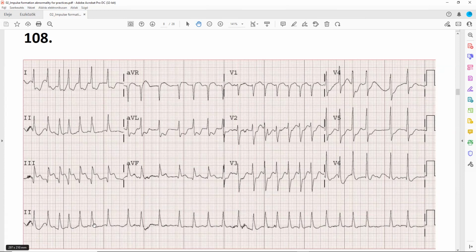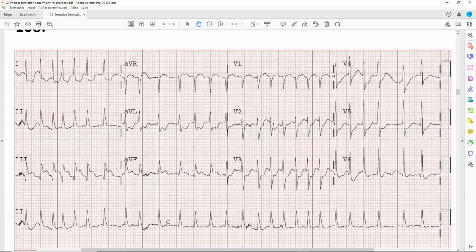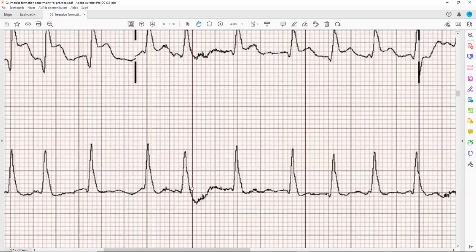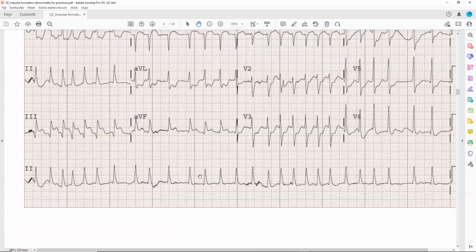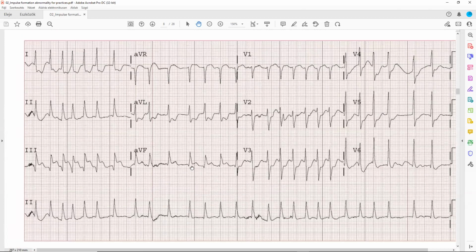Immediately you have to say it: that's atrial fibrillation. You don't need to see the fibrillatory waves. Here you do see some fibrillatory waves, but you don't need to see them. It's enough if you say that's arrhythmia without P waves.